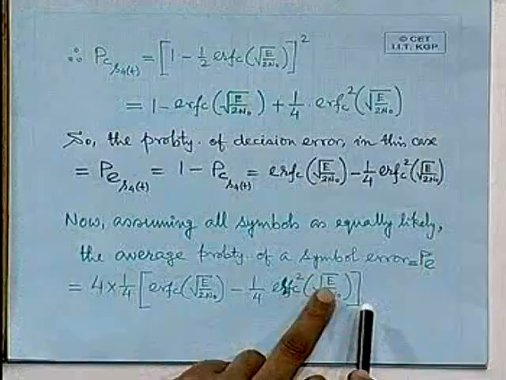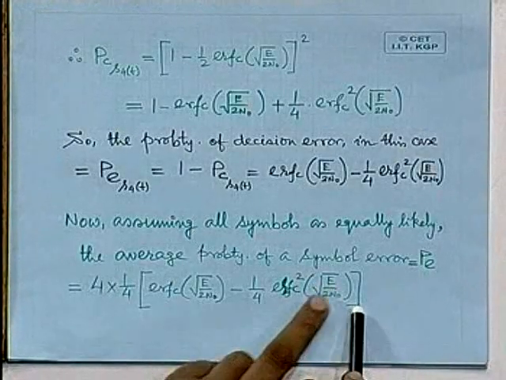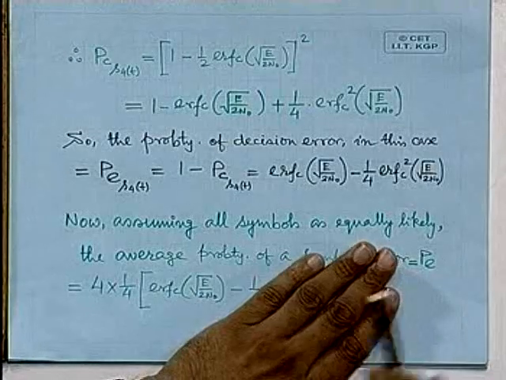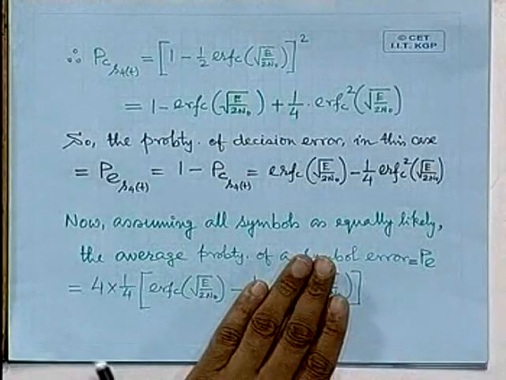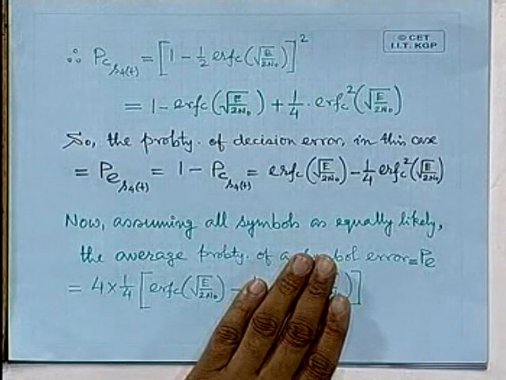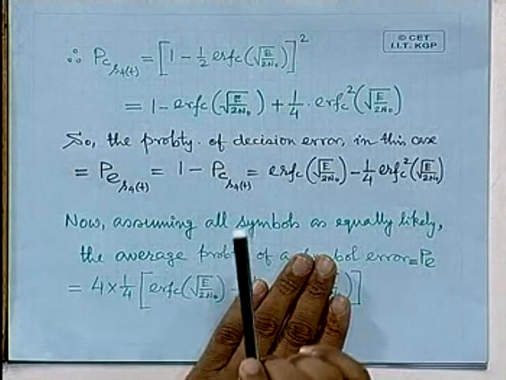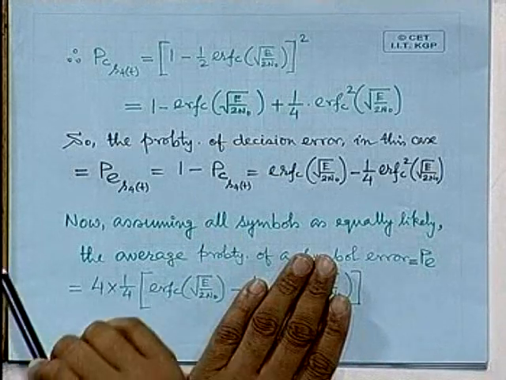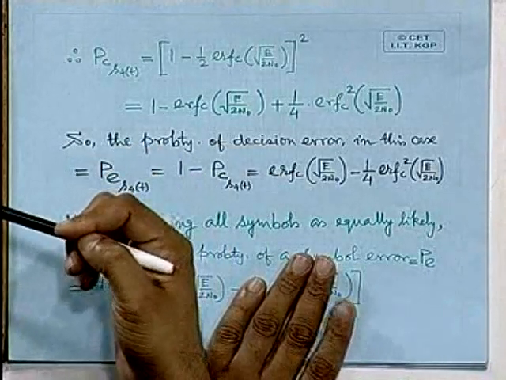Now, which way is it going to be prominent? This argument is always positive. So the obvious approximation is that we try to neglect the second term. In that case, only the first term survives. But suppose I remember only this part and my signal to noise ratio is not very good, E by n naught is not very high.